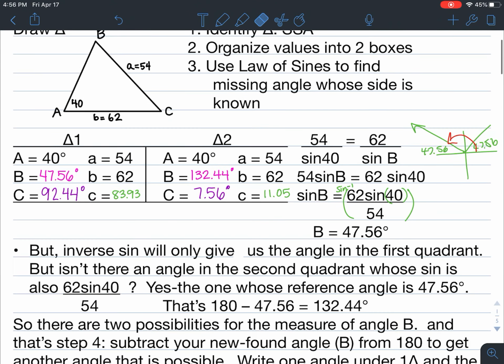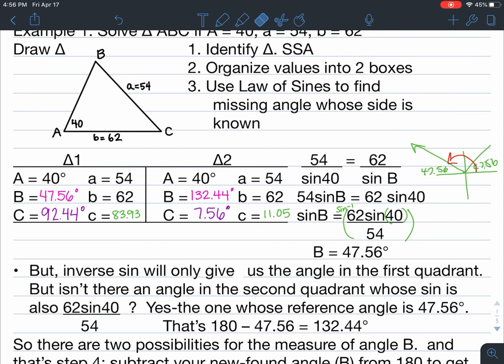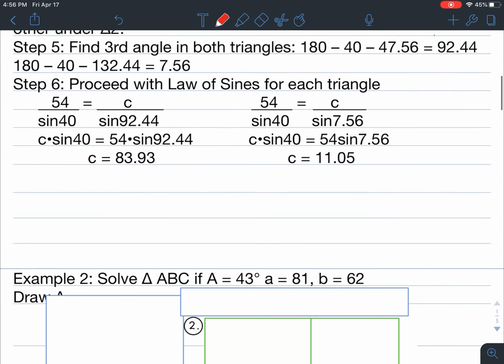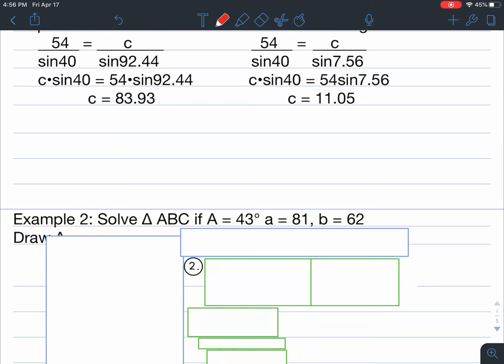Now, you might be saying, what in God's name is she talking about? That only looks like one kind of triangle. Well, here's what it would look like. So triangle 1 with a 40-degree angle. I don't know, maybe that's 40 degrees. And angle B is 47.